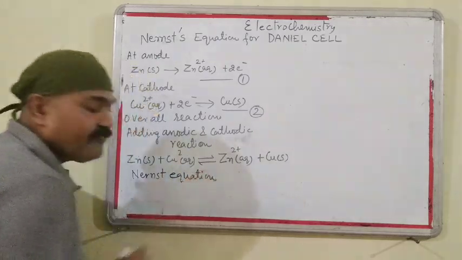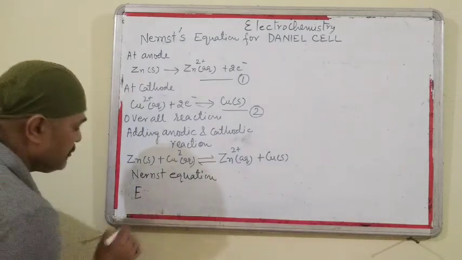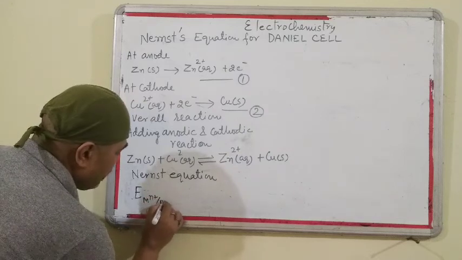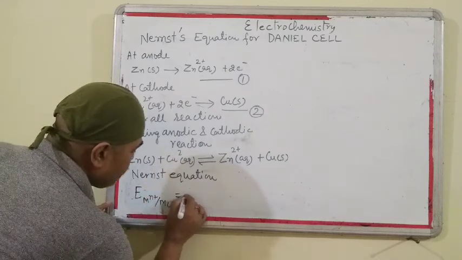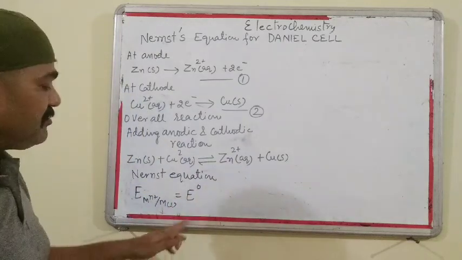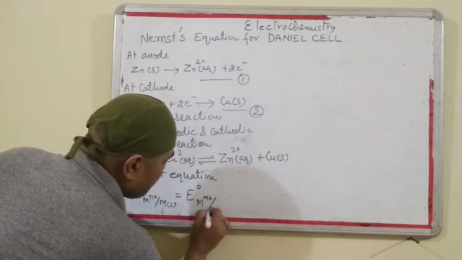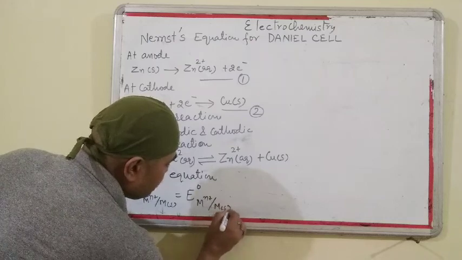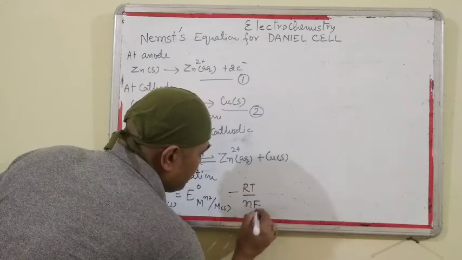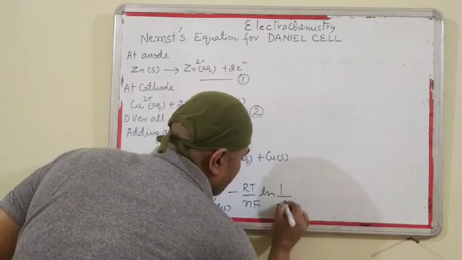Now we know the Nernst equation for any half cell. It is: E(Mn+/M) = E0, the standard electrode potential for that half cell, minus RT upon nF, natural log of 1 upon Mn+.